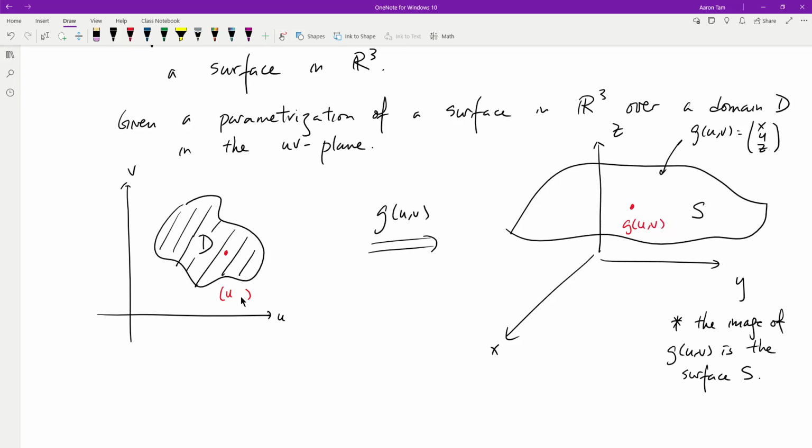I'm going to give it a subscript, u sub k, v sub k. I don't like t because that's like a parameter, so how about k? K sounds good.